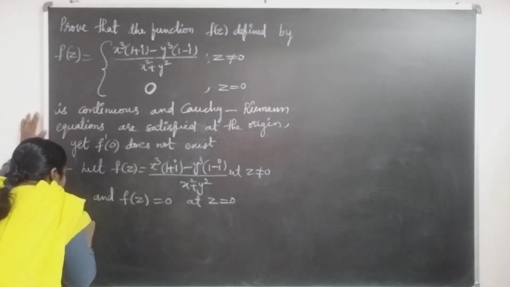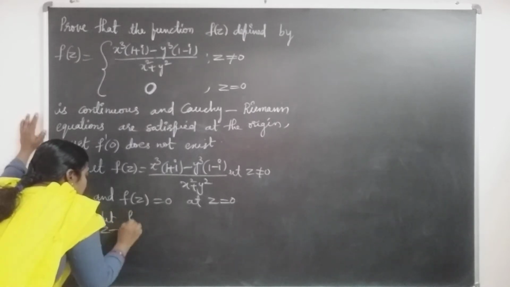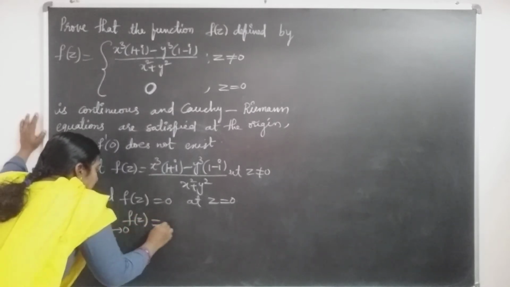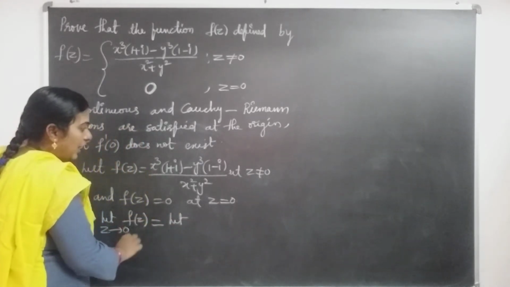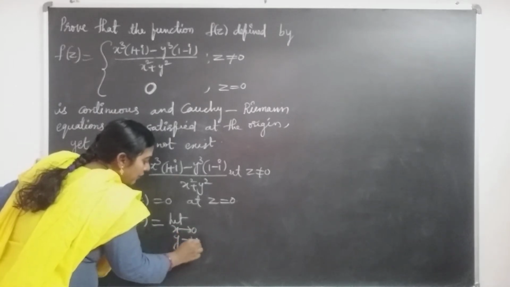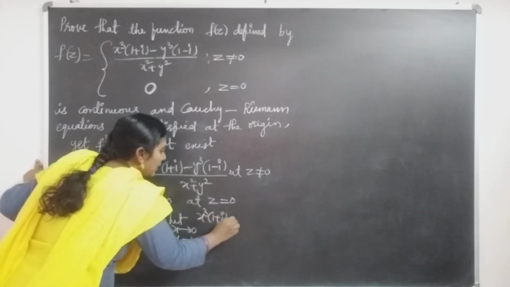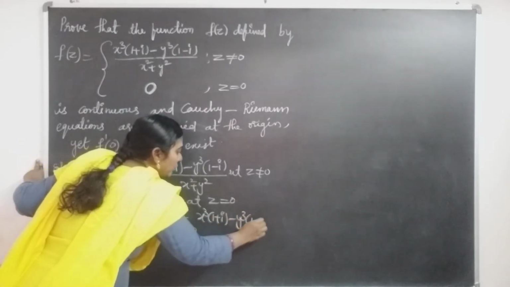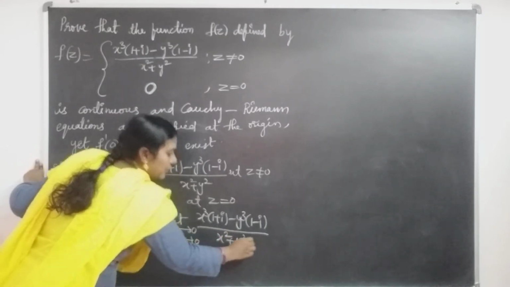Take the limit as z tends to 0 of f of z, which involves x and y variables, so x tends to 0, y tends to 0, of x cube into 1 plus i minus y cube into 1 minus i, by x square plus y square.